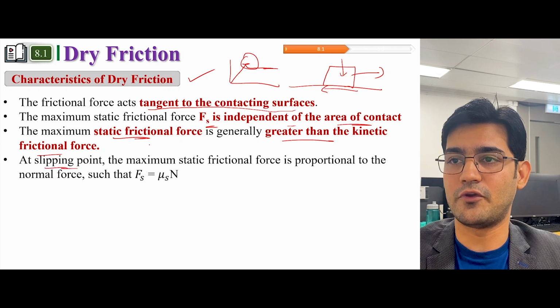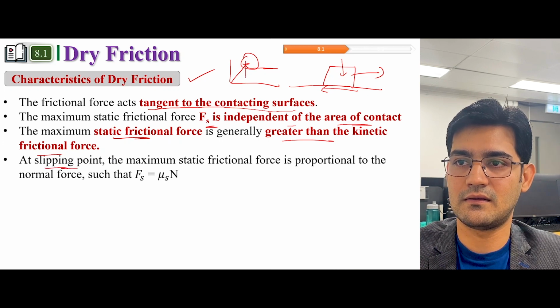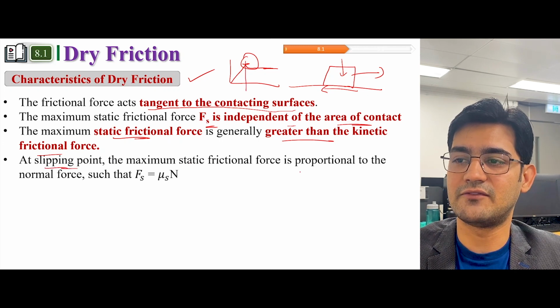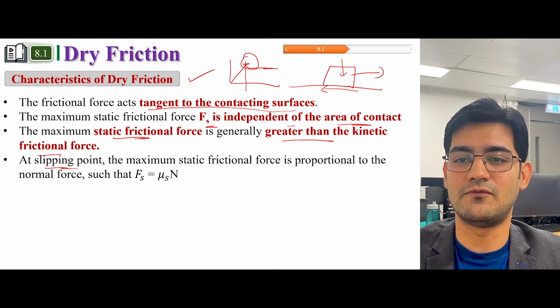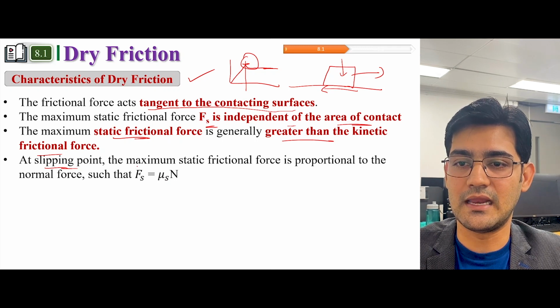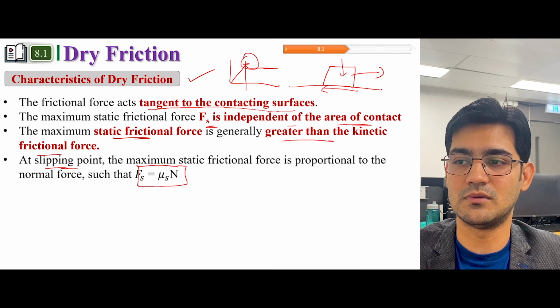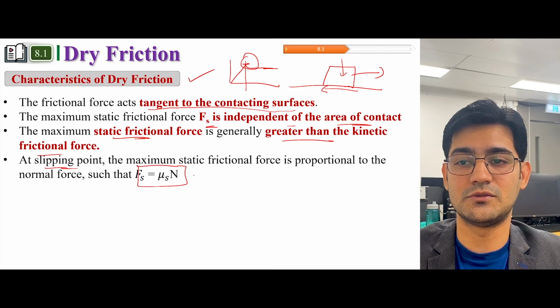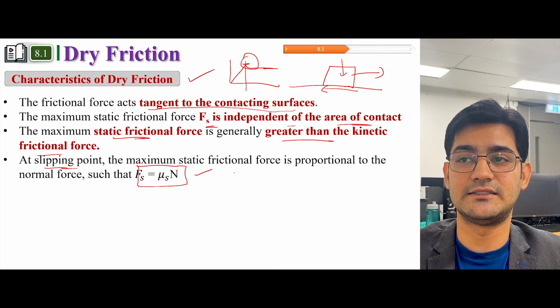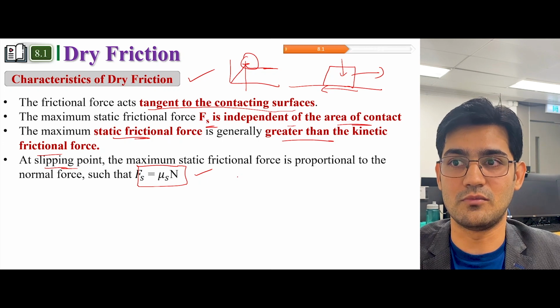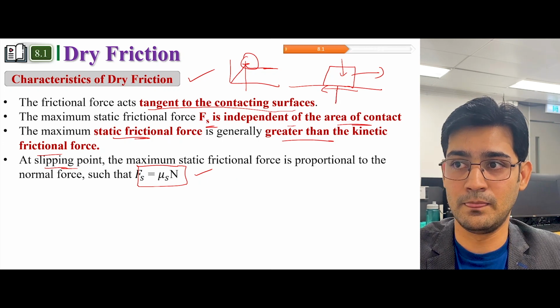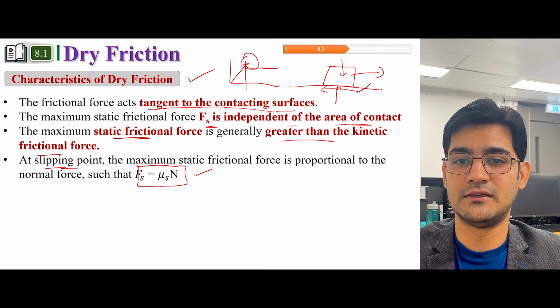Now, at a slipping point, the maximum static frictional force is proportional to normal force. So at this point, you can calculate the maximum static frictional force by using this formula. And it says that it is directly proportional to the normal force. So the higher the normal force, the higher the static frictional force.